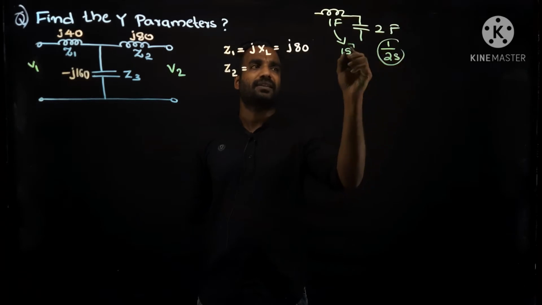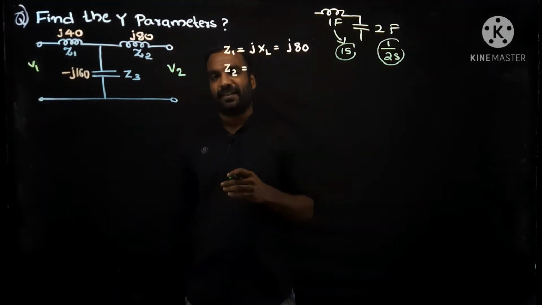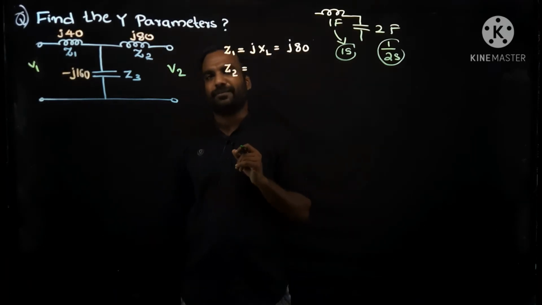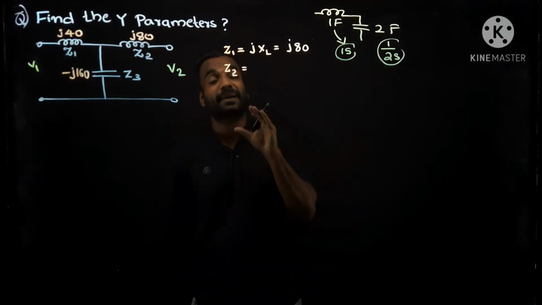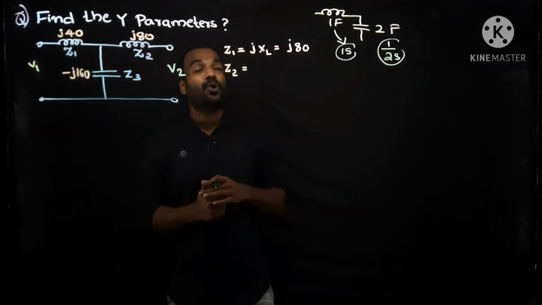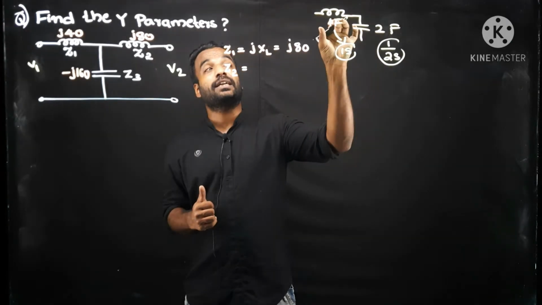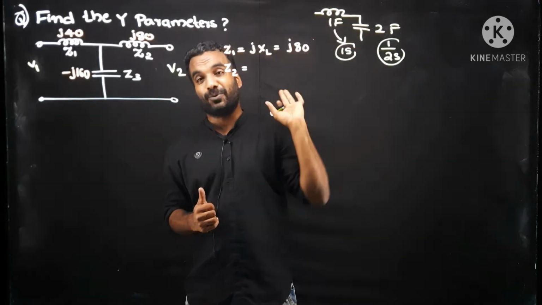Such conversions are done, you draw an equivalent circuit in the S domain, and you get an answer also in the S domain. But that method is not applicable in this problem. Why? Because the inductance and capacitance values are not given in their physical units.